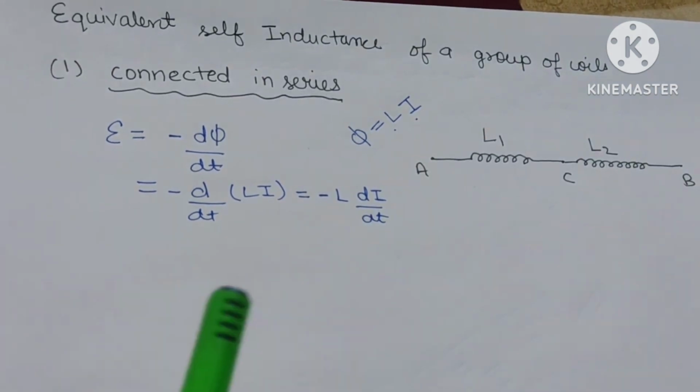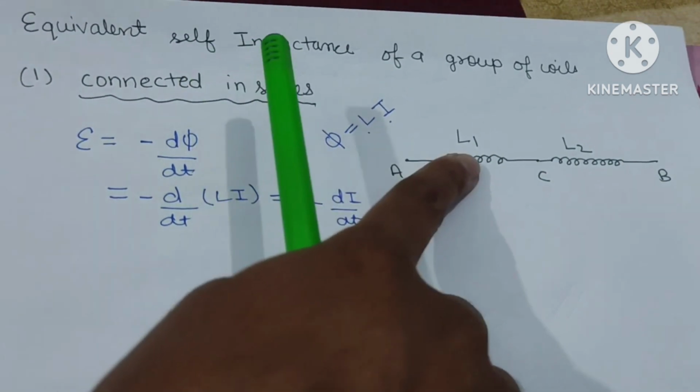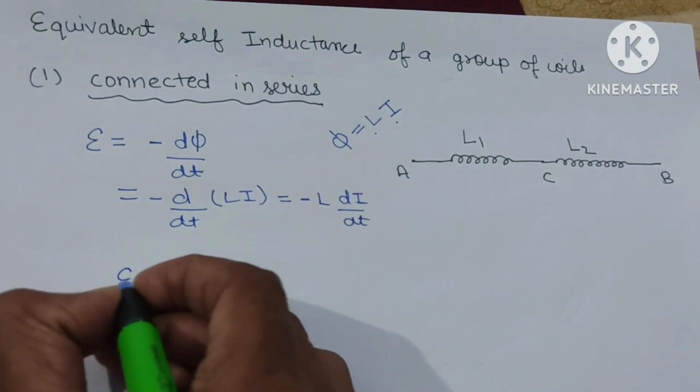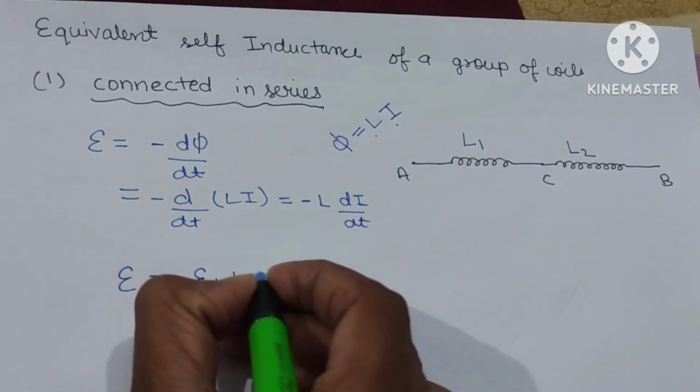Now, from the diagram, this is the inductance L1 and this is the inductance L2. We take the EMFs E1 and E2.